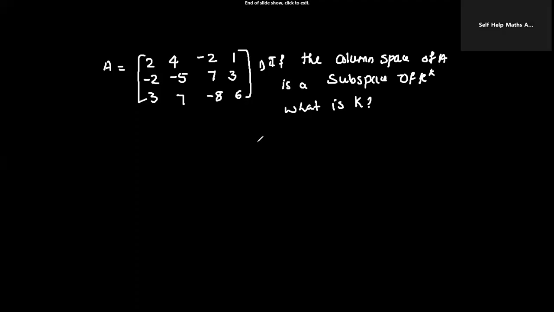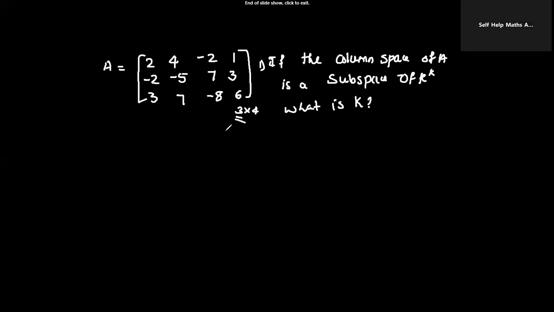Let us try to answer the first question, and then we will go for the second. The column space of A is a subspace of Rk, and they're asking the value of K. As we have just discussed in the theorem, the column space of any m cross n matrix A is a subspace of Rm, where m is the number of rows.